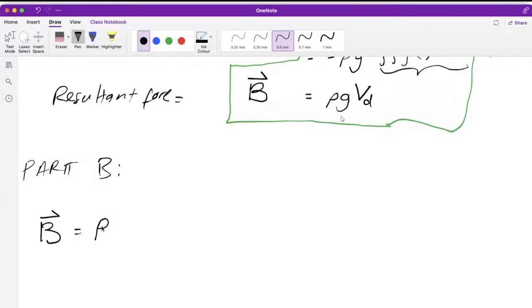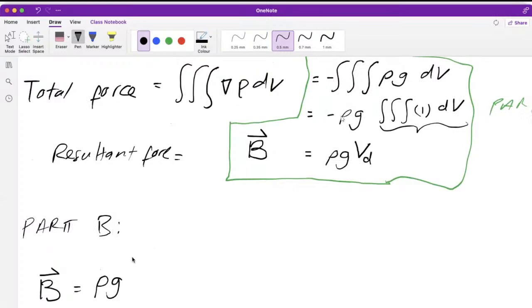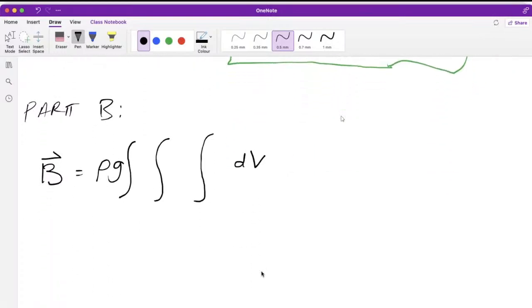So I'm just going to write rho g, then this in triple integral. So this is basically just 1, and then I have dV. So the point of part B is to identify these limits of integration and how we are going to resolve this integration in the most convenient way.